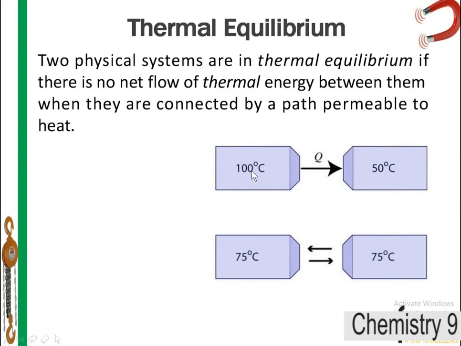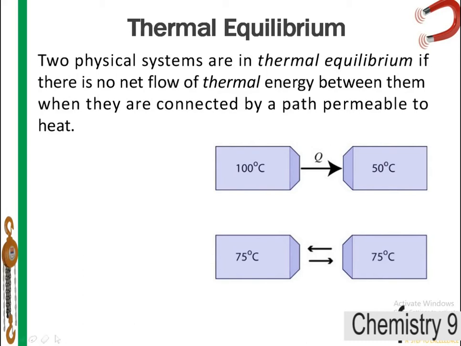So, for example, here we have one system at a temperature of 100 degrees Celsius, and here we have another system at 50 degrees Celsius, and you can see that the substance at 100 degrees Celsius is allowing thermal energy to flow to the other substance, which is at 50 degrees Celsius.